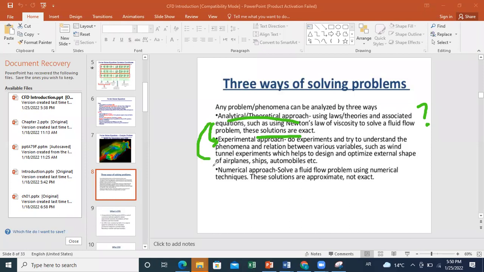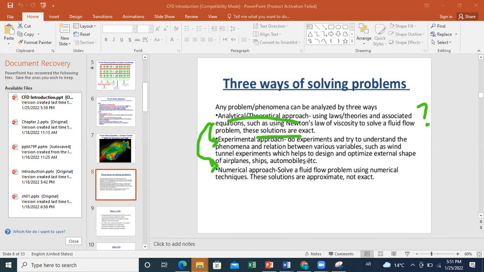Now, other methods include experimental work. So I need to perform experiments and try to understand the different physics affecting my system and relate the different variables. For example, let's say wind tunnel experiments are widely used. They will help us in the design and optimization of shapes of airplanes, ships, automobiles.